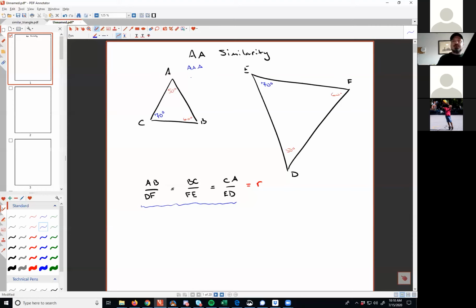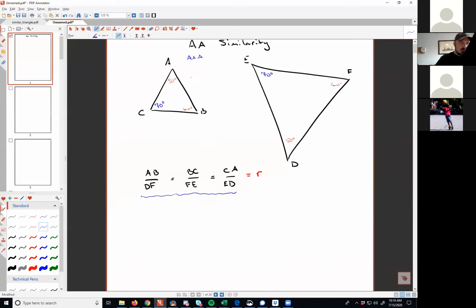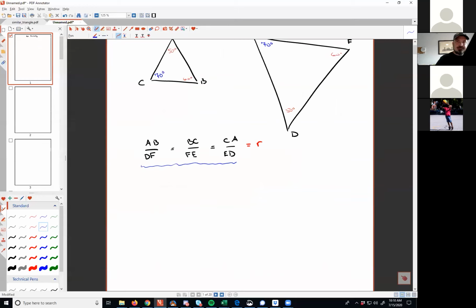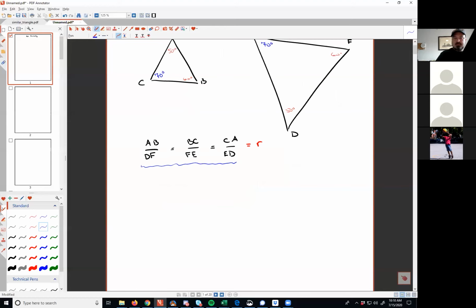Is that true for quadrilaterals? No. I'd say no. You need three angles to find the fourth angle. Okay, you would need three angles for a quadrilateral? What about all four angles? So, okay, if all the angles of two quadrilaterals are the same, are they similar?